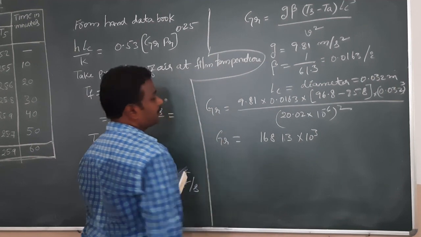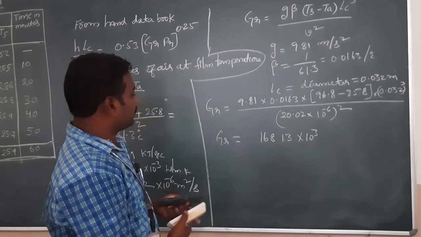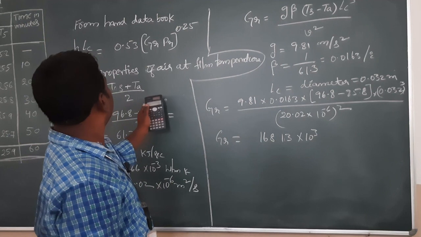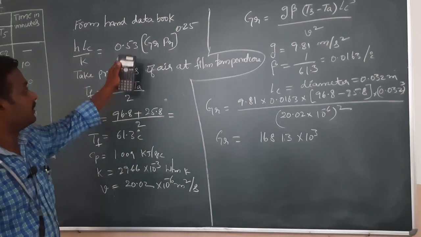There are no units for the Grashof number. Substitute this Grashof number, Prandtl number, and thermal conductivity in this equation.